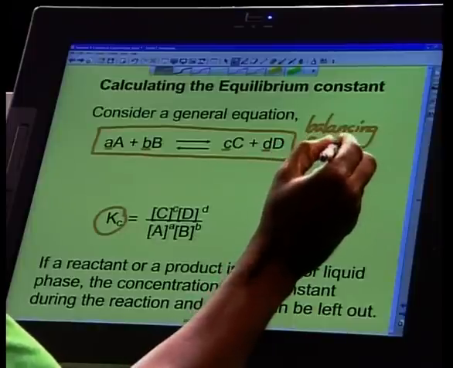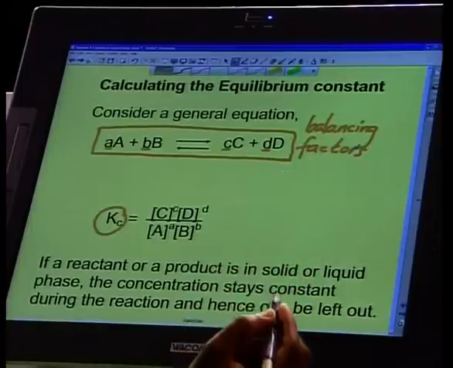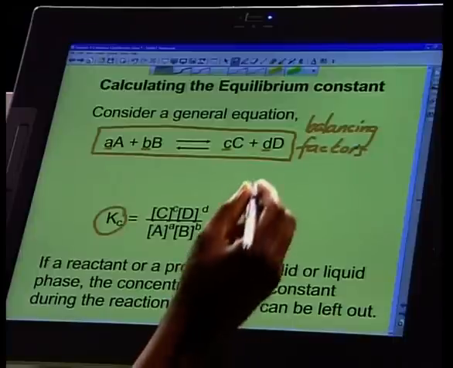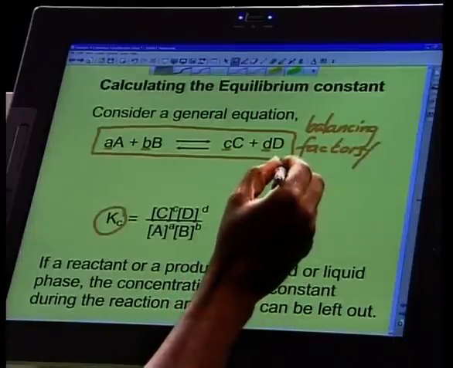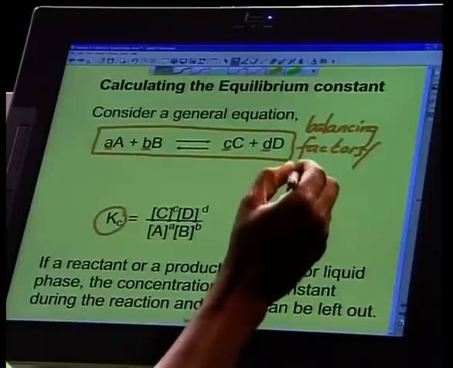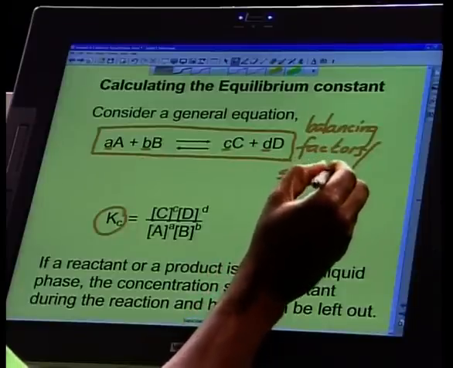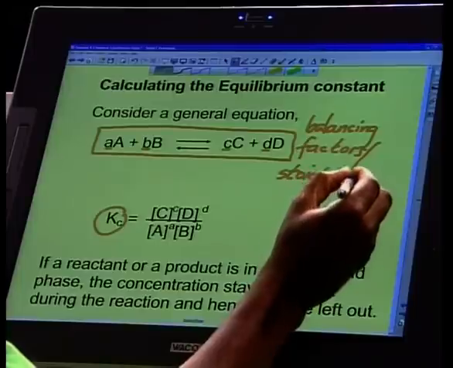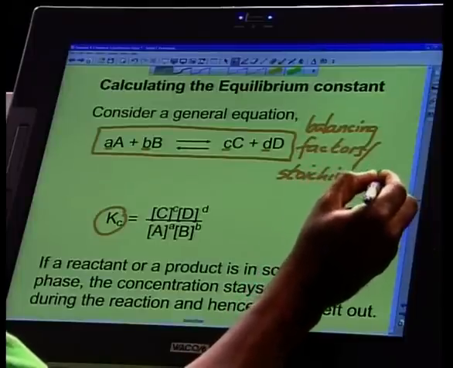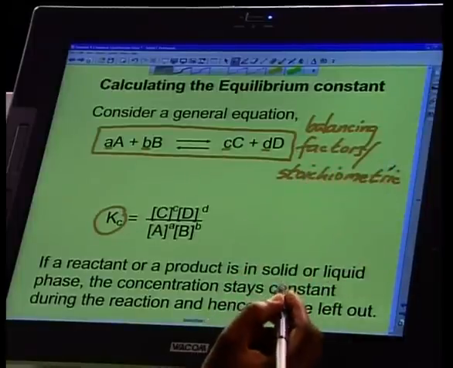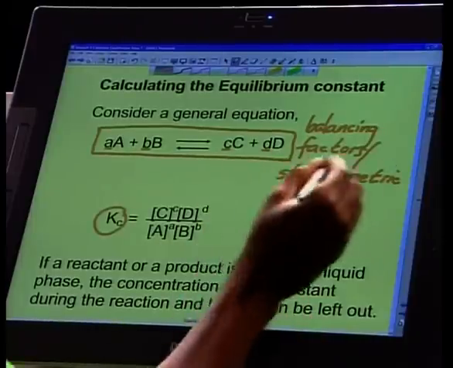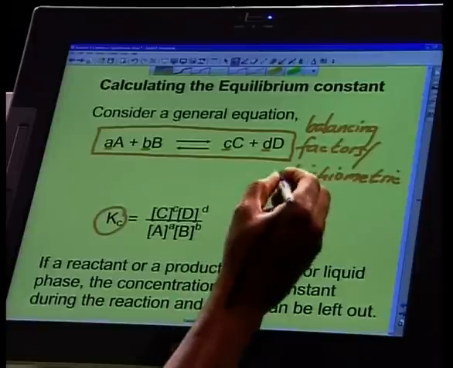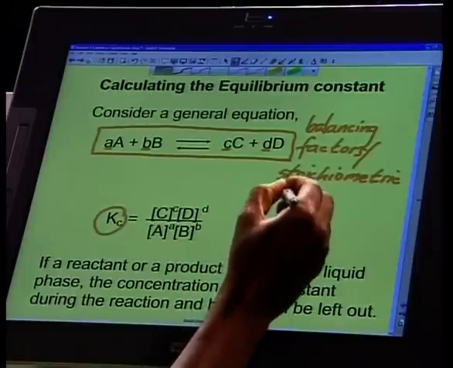For us to have that chemical equation balanced, we put those factors. And these balancing factors are also called stoichiometric values. Okay? So there is one nice term. You don't have to crack your skull trying to sink it into your mind, but just know that these factors are also called stoichiometric factors. Okay?